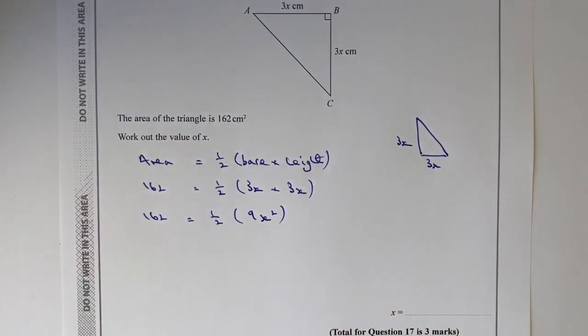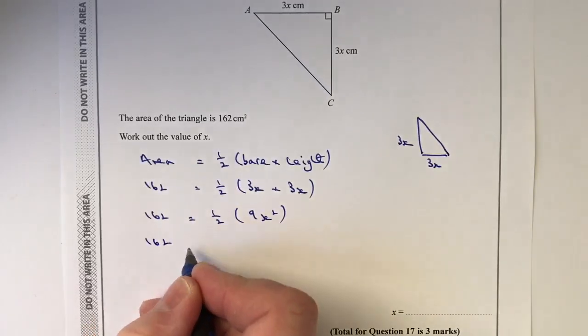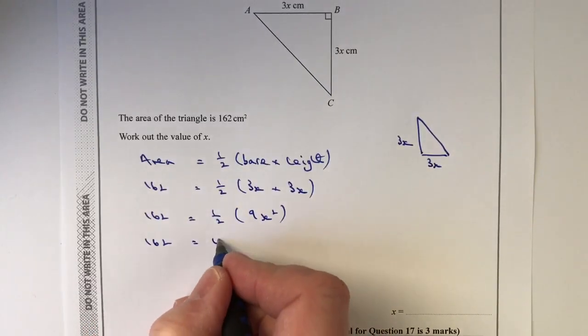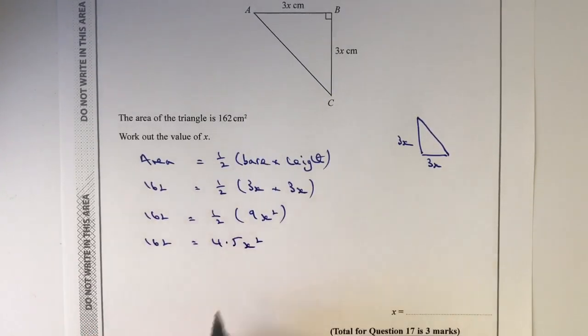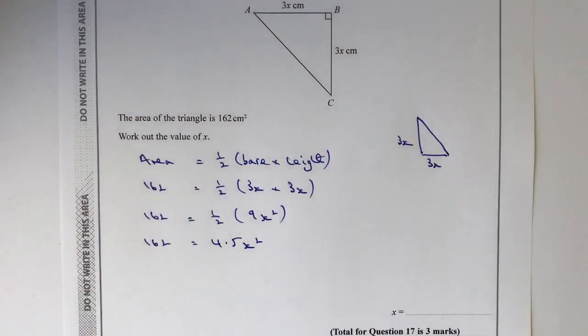Now don't be too concerned at this point because usually these sorts of things do work out reasonably well. So 9x squared. Then we're going to get rid of the brackets by multiplying this by half, so I get 4.5x squared. Now I need to divide both sides by 4.5 in order to get rid of this 4.5.